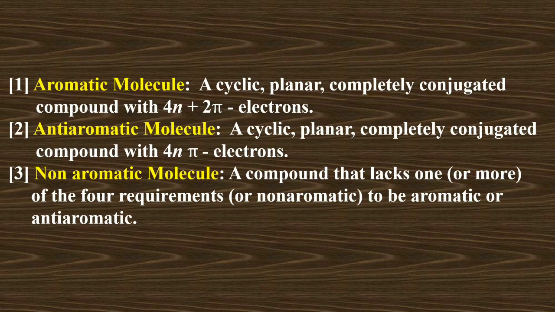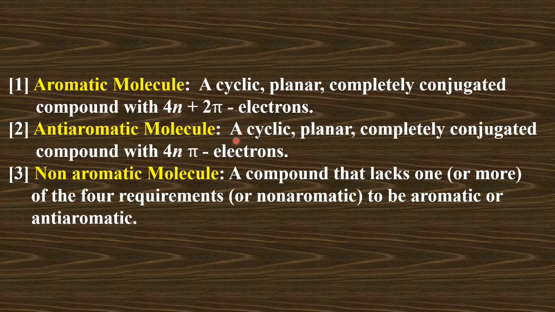Therefore, from all our discussions, we come to know that aromatic molecules are cyclic, planar, and they have completely conjugated or completely delocalized pi electrons, and the number of delocalized pi electrons is equal to 4n plus 2.